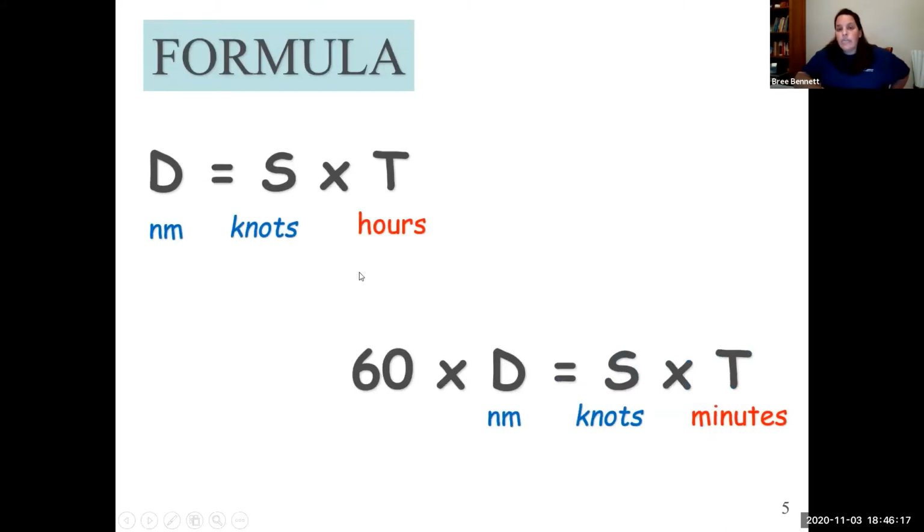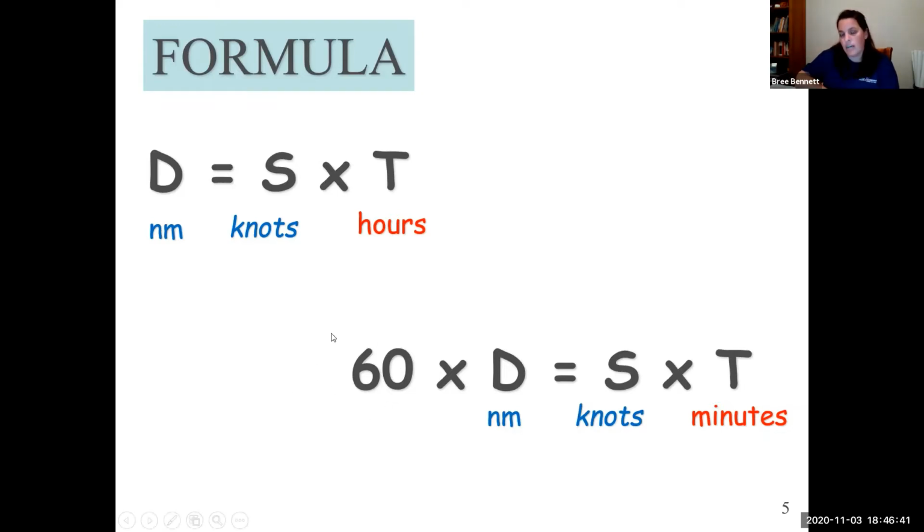Now, when we put it into a formula, for those of you who like formulas, we have distance equals speed times time. If we want to use minutes, which I'm going to say most recreational boaters use, we'll have a 60.